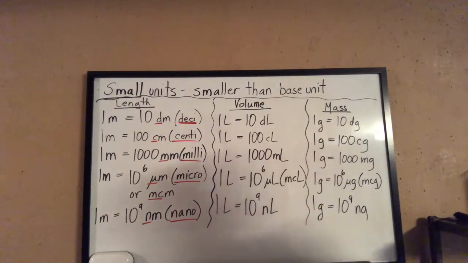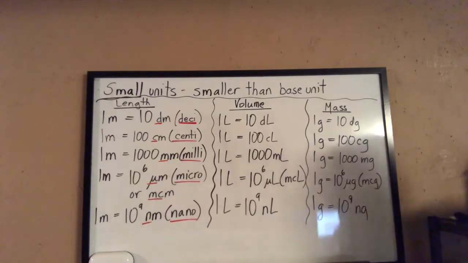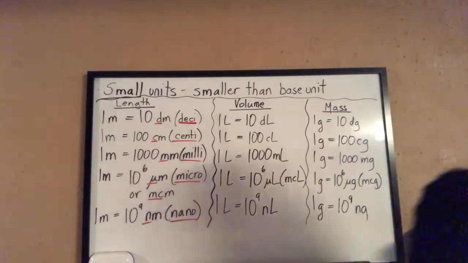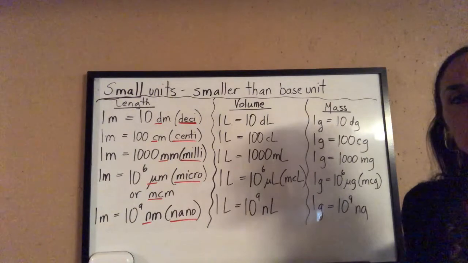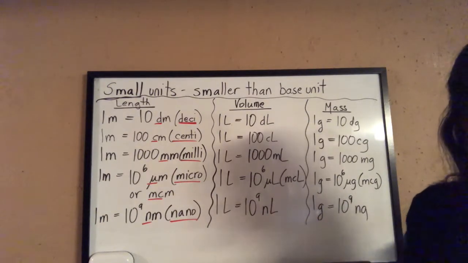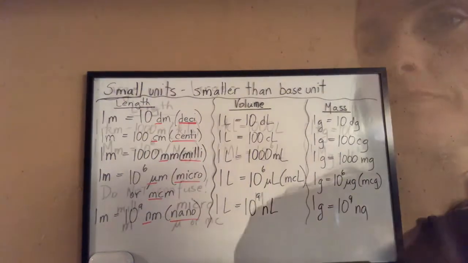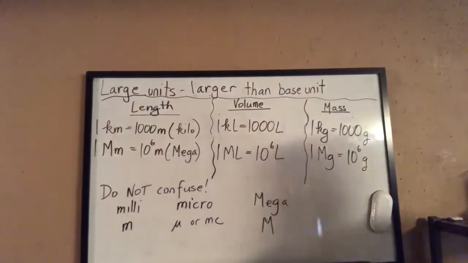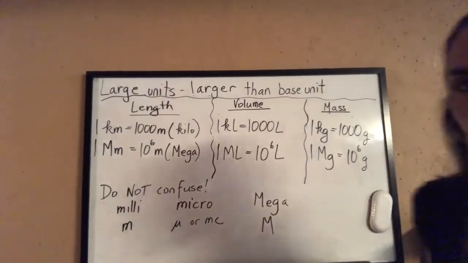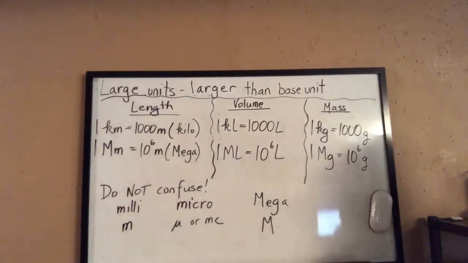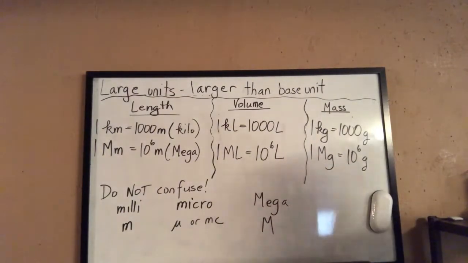So these are the small units that we are going to discuss in this course, and then we will have 2 large units that we discuss in this course. Let's look at 2 large units that we're going to see in chemistry. Large units are larger than the base unit.